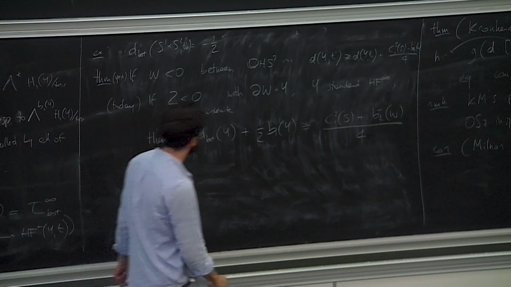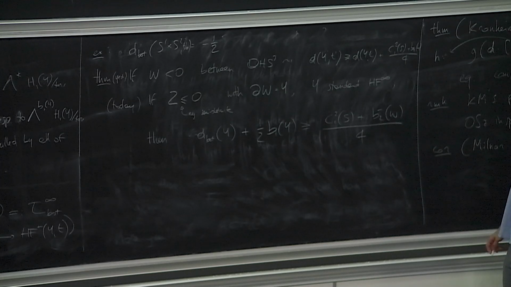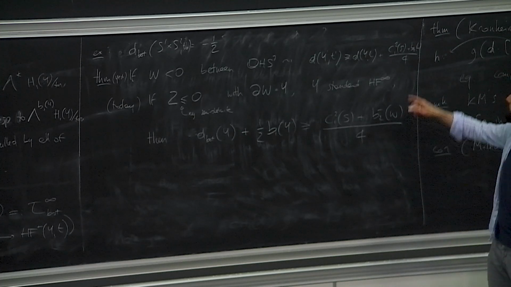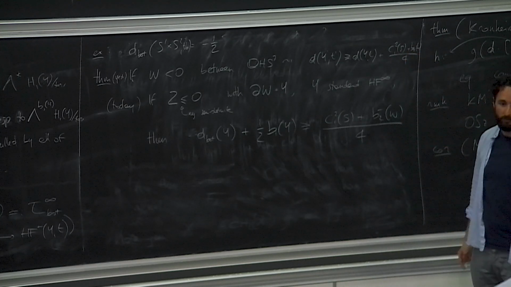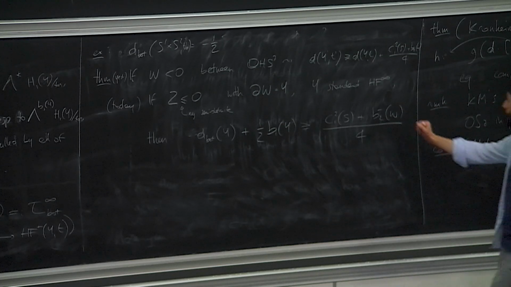So this is the same inequality that I had here. What is c1 squared of s? And then what's written there? Plus or minus? Plus. It's b2 plus of W, and this is Z.